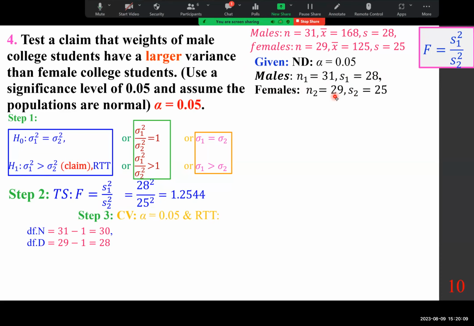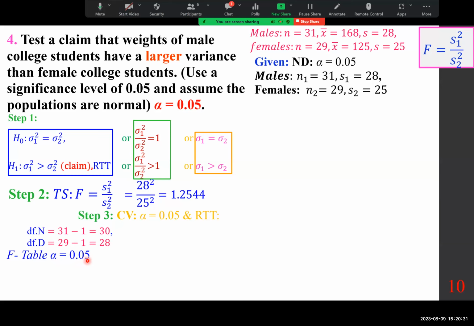So we have the F distribution, which is similar to chi-squared, it's skewed to the right. And you have different tables. In this case, alpha is 0.05. You have to make sure you choose the correct table.